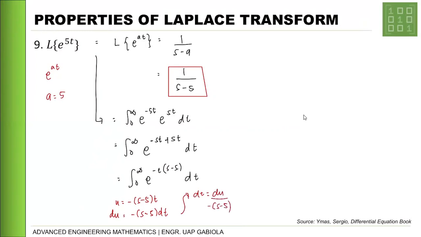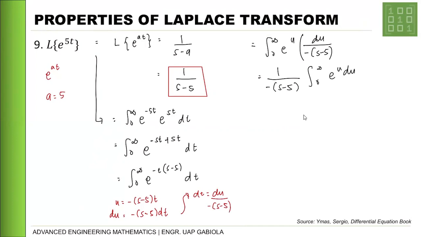Okay? Substitute natin dito. So we will have 0 to infinity e raised to u, and ang dt natin is du over negative (s minus 5). So this will be 1 over negative (s minus 5), 0 to infinity e^u du. So negative 1 over s minus 5 times e raised to u, 0 to infinity.